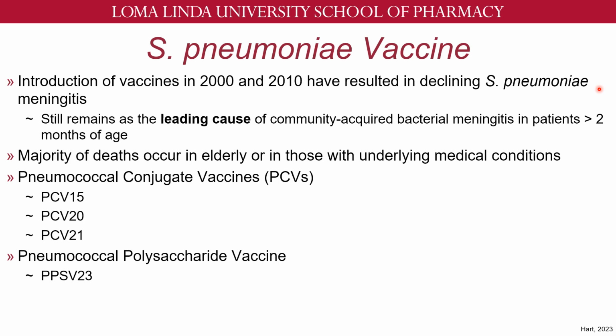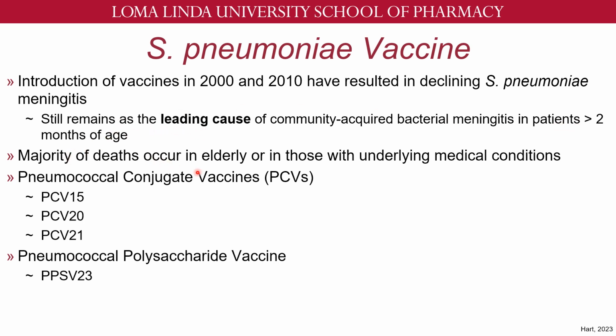So first up, we'll look at the strep pneumoniae vaccine. This was first introduced in 2000, and then they did a lot of data and studies, and they found that when they introduced the vaccines in 2000 and 2010, it resulted in declining strep pneumomeningitis, but it still remains the leading cause of community-acquired bacterial meningitis in patients greater than 2 months of age.